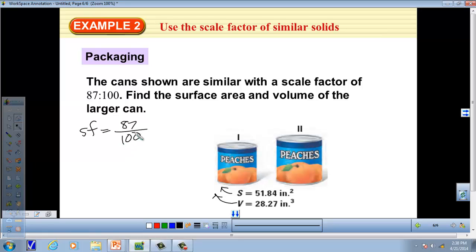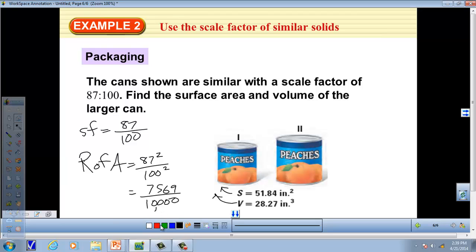If we want to figure out the ratio of the areas, we would use that to find the surface area. So the ratio of areas is 87 squared over 100 squared, and that's going to equal 7,569 over 10,000.